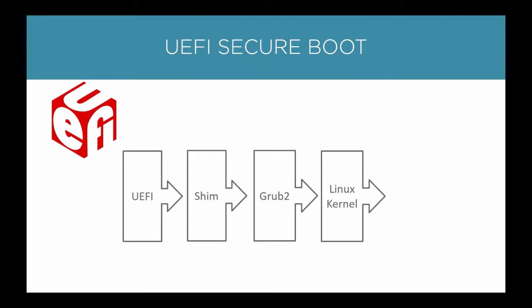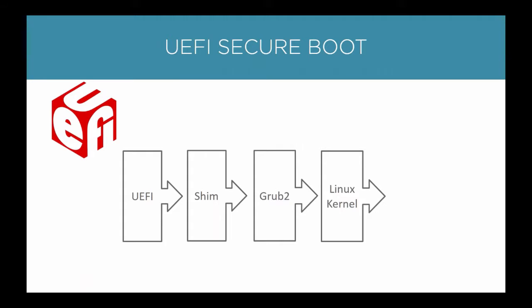So the UEFI system, which boots up first, has a database of keys from the UEFI consortium, for example, from Microsoft, and it checks whether the bootloader that it is supposed to start is signed with one of those keys.